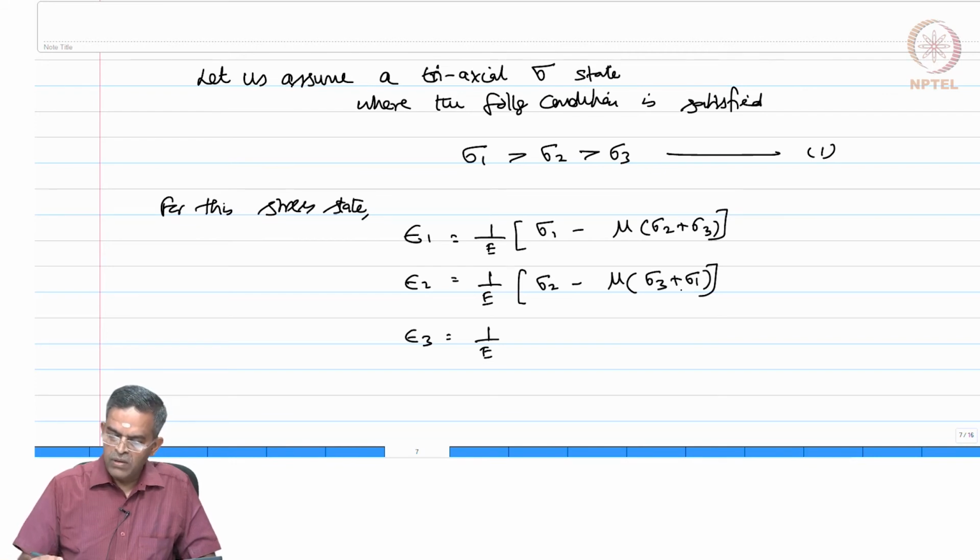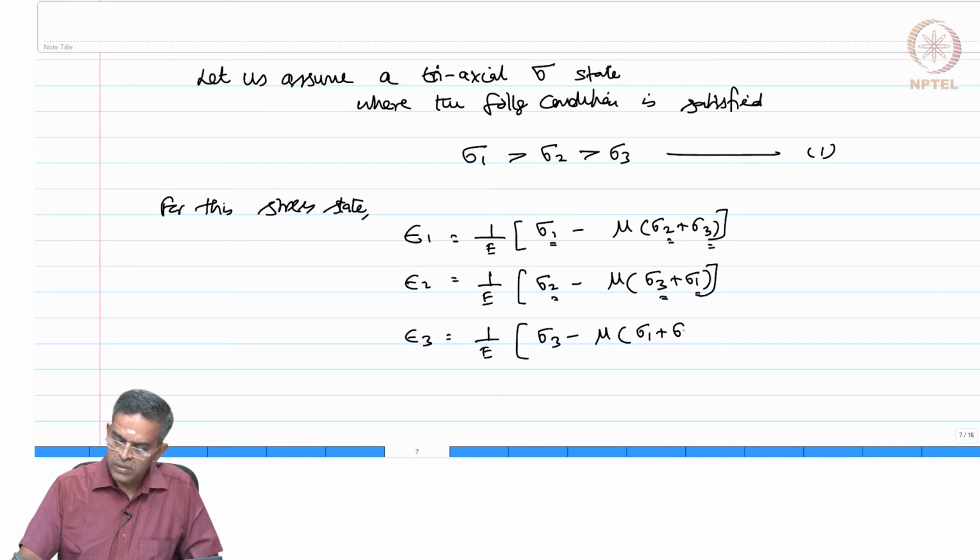When you write, please see the order 1, 2 and 3, 2, 3 and 1. So, I think you have to follow this order. So, by this logic, now we can easily write epsilon 3, which is sigma 3 minus mu of 1 plus 2. Okay. I call this equation as 1a.